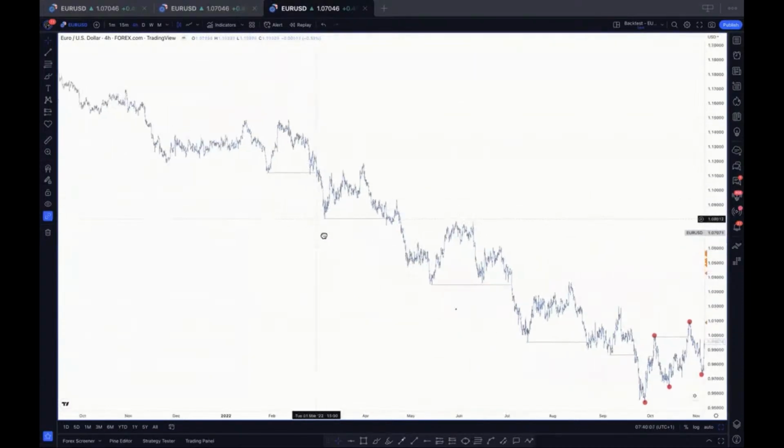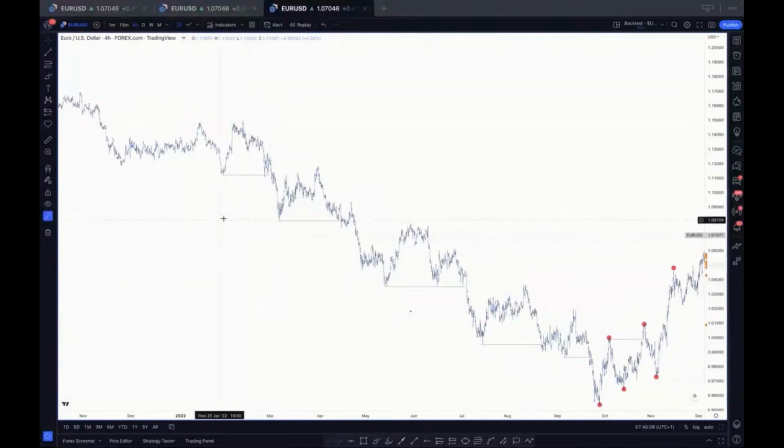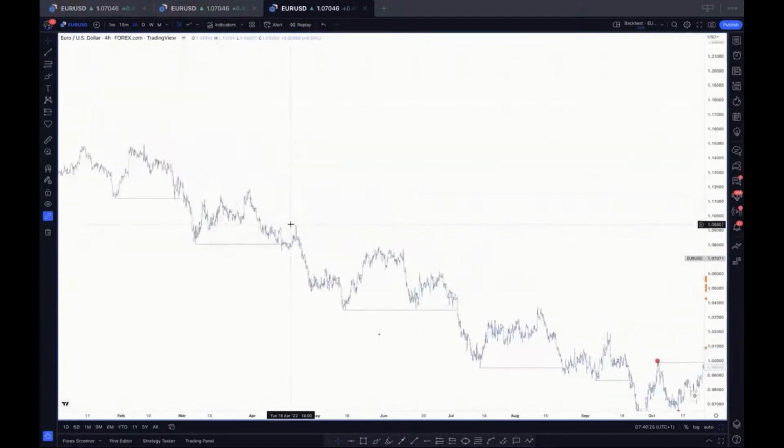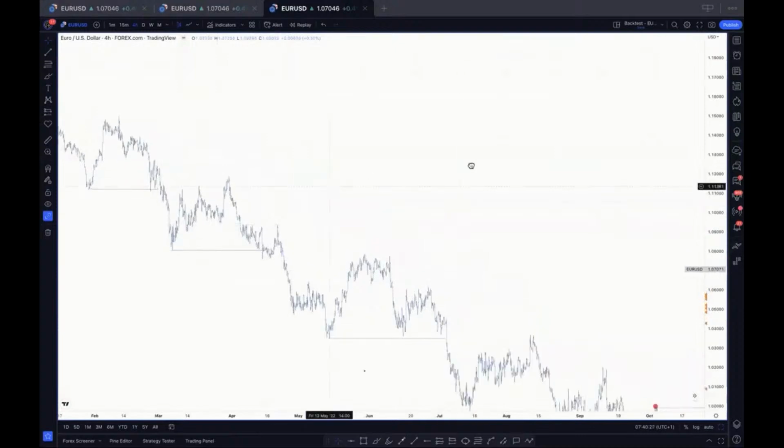How you can do this most of the time is, for example, look at this bar here. This is January 2022. We can decide to do a backtest for the entire year of 2022 on the 4-hour to understand market structure. This is January.